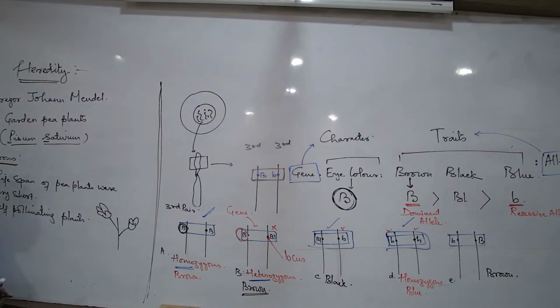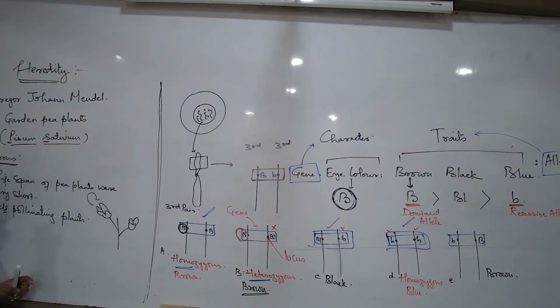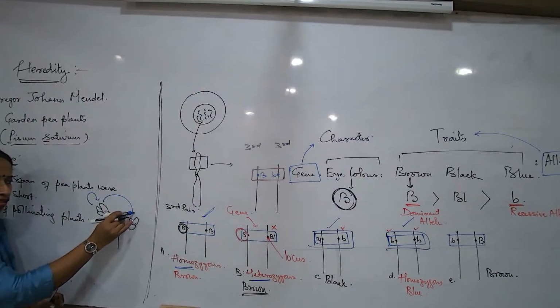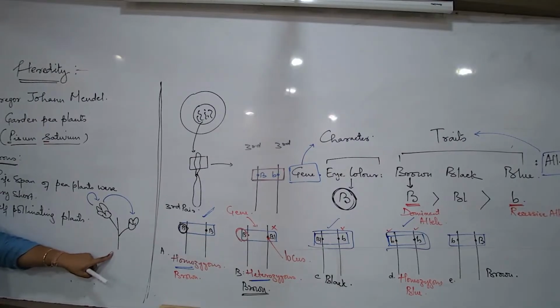If the pollen of this flower falls on the stigma of the same flower, or the pollen of this falls on the stigma of the other flower but of the same plant, this process will be known as self-pollination.